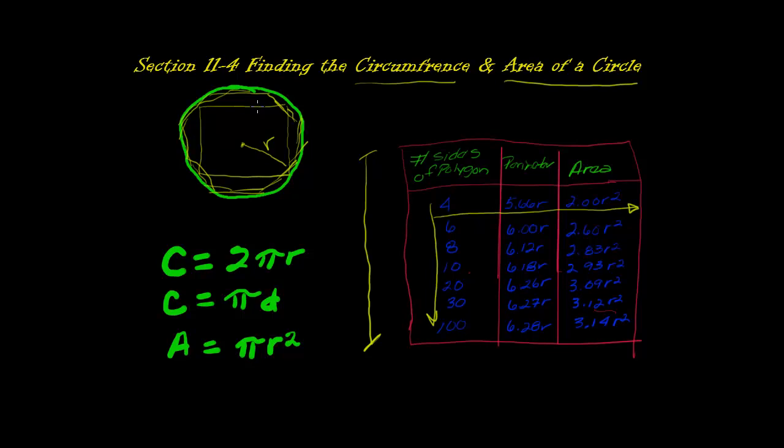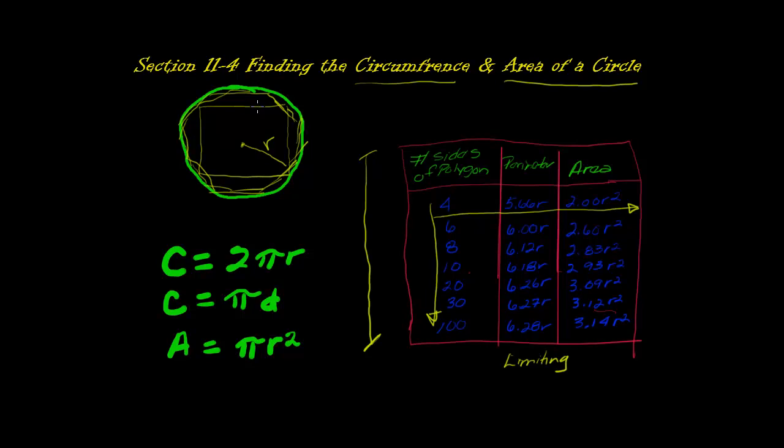Here is what I want to point out, that as we get greater and greater number of sides here, we go from 4 to 100, you notice that the gaps in between the perimeter become smaller and smaller, and the number becomes closer and closer. And it gets to the point where in math we call that a limit, or a limiting element, or a limiting factor.